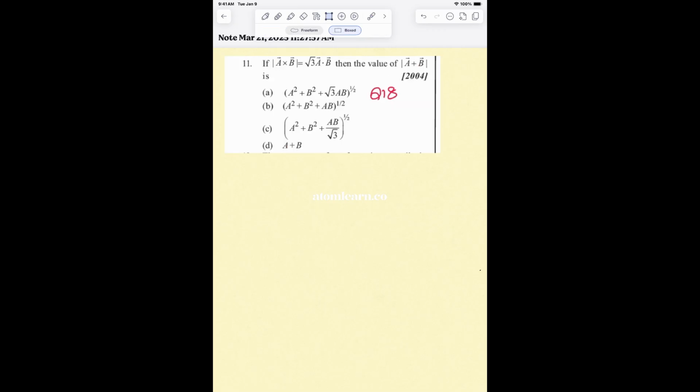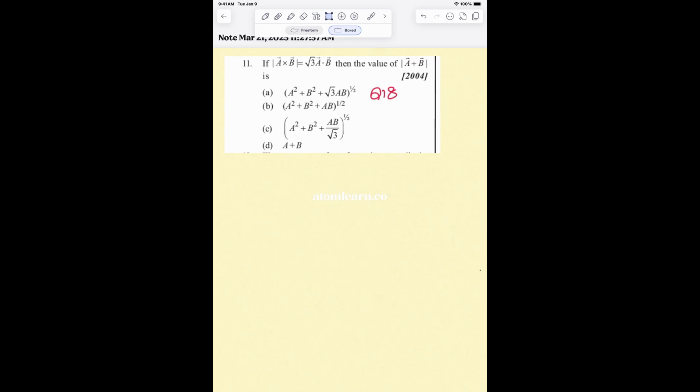Read the next question. Question number 18, asked in 2004. If modulus of a cross b equal to root 3 times a dot b, then the value of modulus of a plus b is, there are 4 options given. Now let us try and do this.